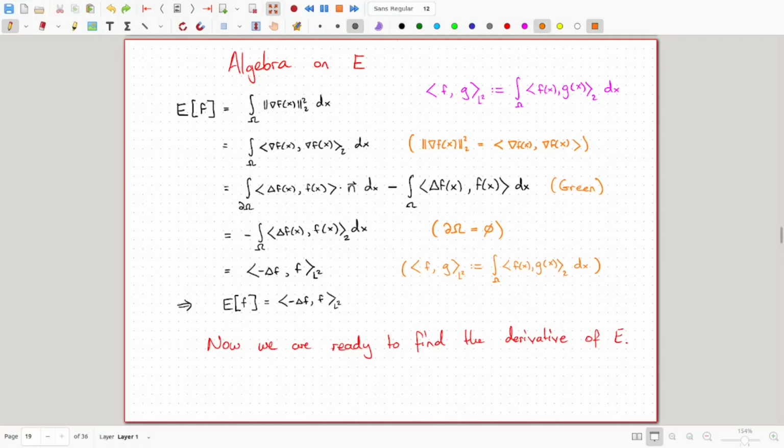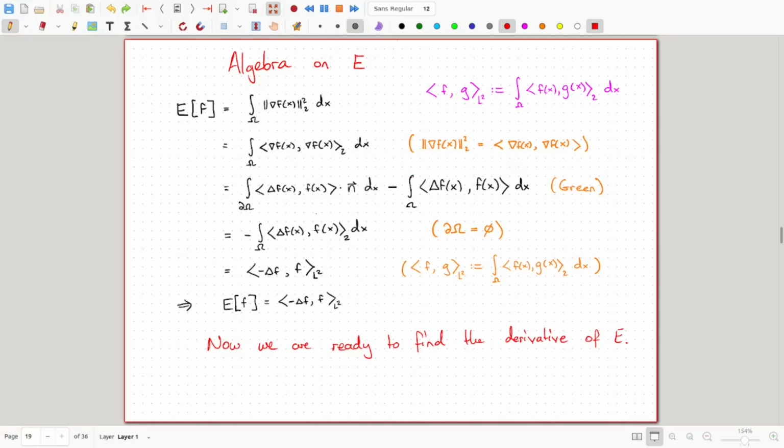So our energy functional is defined this way. What we do next is rewrite this inner bit as an inner product. This is just a standard Euclidean inner product. Then we apply Green's theorem, a generalized version of integration by parts.